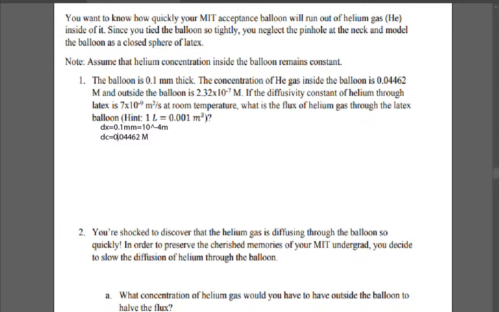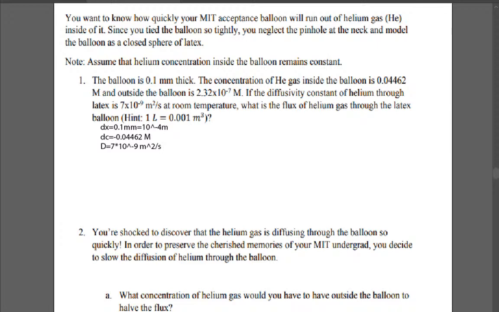If the diffusivity constant of helium through the latex is 7 times 10 to the power negative 9. Okay, so that's the D here. Oh yeah, by the way, I need to turn that to negative. It is 7 times 10 to the power of negative 9 meters squared per second. At room temperature, what is the flux through the latex balloon?